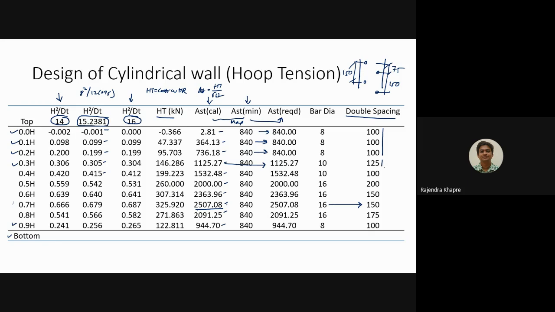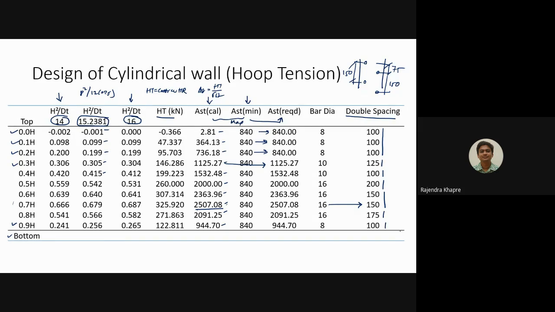Then we have one more section, 10 mm dia bars at 125 mm center to center, and remember this 125 mm center to center is on both the sides, that is on one side it is 125 and on the other side also it is 125. Then we have one more section at 10 dia at 100 mm center to center. Then here it is 16 dia 200 mm center to center. Then from here to here 16 dia 150 mm center to center. Then we have 16 dia 75, and we have 8 dia 100 mm center to center.